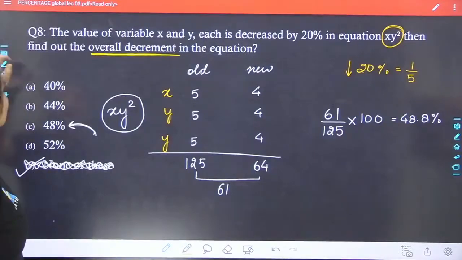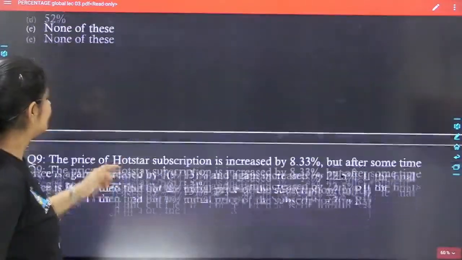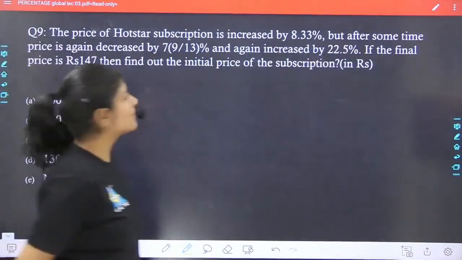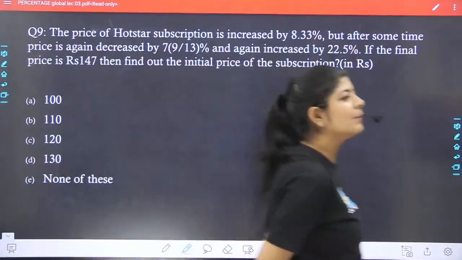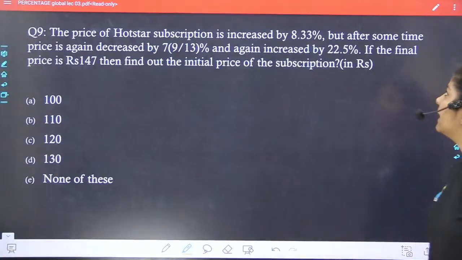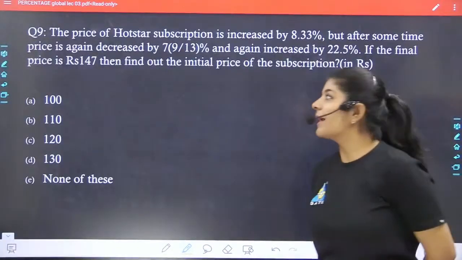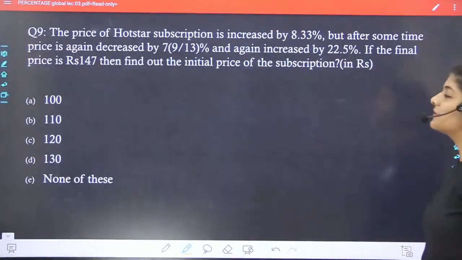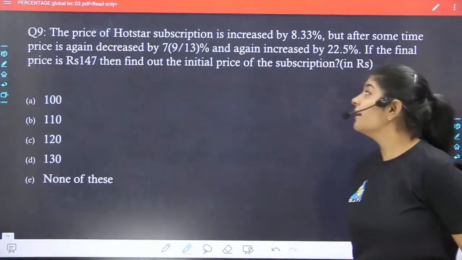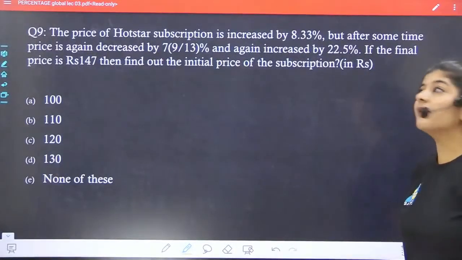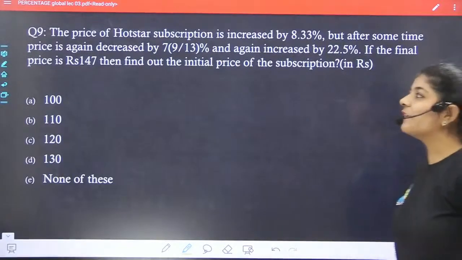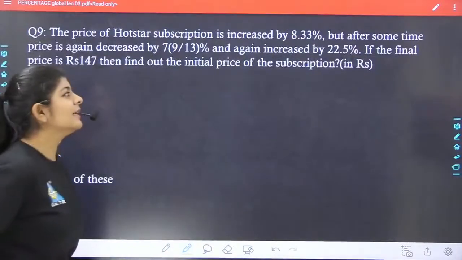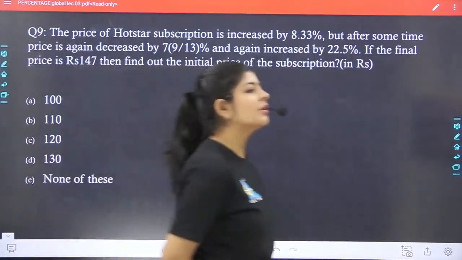Okay. Now let's move to question number 9. The price of Hotstar subscription is increased by 8.33%, but after some time, the price is again decreased by 13%, and again increased by 22.5%. If the final price is rupees 147, then find out the initial price of the subscription in rupees.